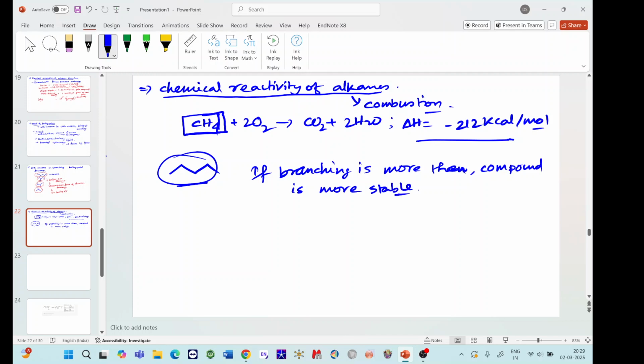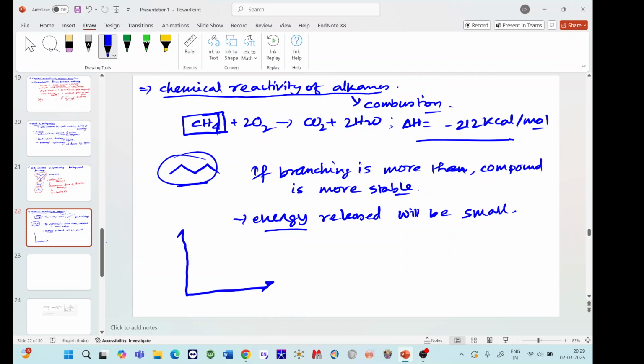Now, if you try to oxidize it, then the energy released, which also relates to the enthalpy, will be small.